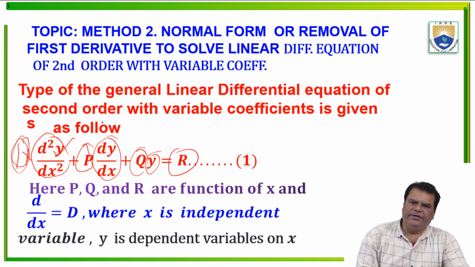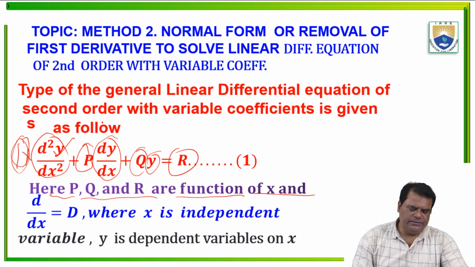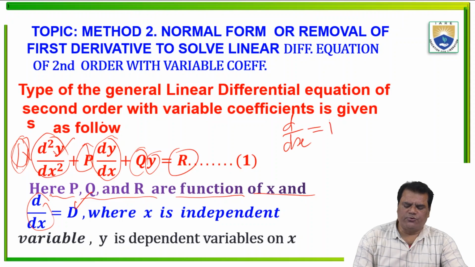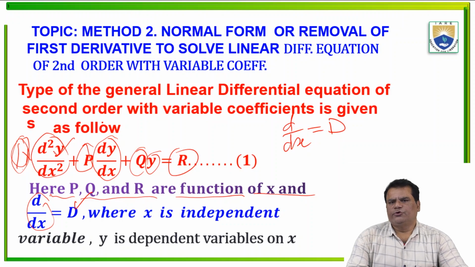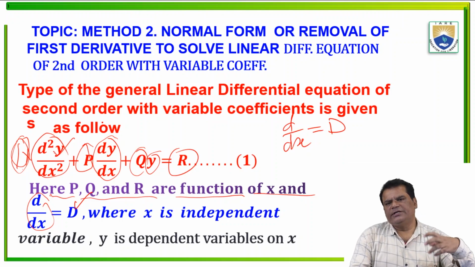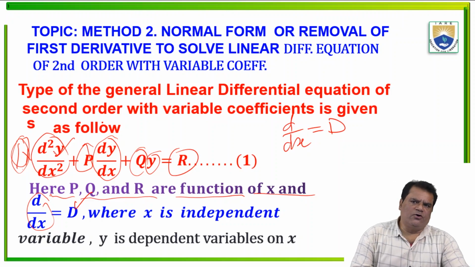So p, q, r are all functions of x, and d over dx is represented by capital D, differentiating with respect to x. Here is a single dependent variable y and a single independent variable x. So this differential equation is known as an ordinary linear differential equation with variable coefficient.